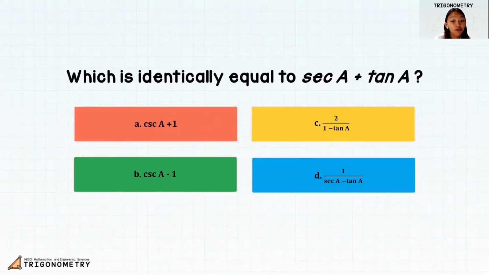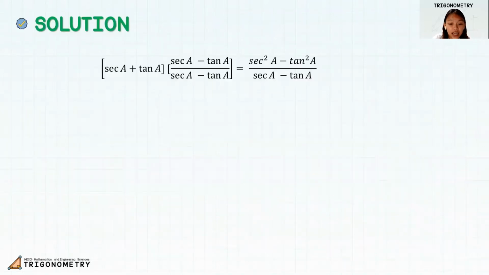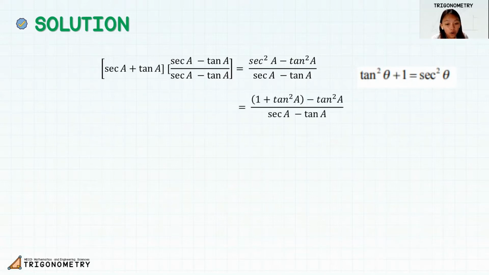The solution is more on proving of equations, and it begins by multiplying secant A plus tangent A with 1, which we can express as its conjugate divided by its conjugate, allowing us to have secant squared A minus tangent squared A over secant A minus tangent A. We can notice that the numerator can be simplified using this Pythagorean identity, that's 1, wherein we can expand the secant squared A to 1 plus tangent squared A, or we can directly assume that secant squared A minus tangent squared A is equal to 1.